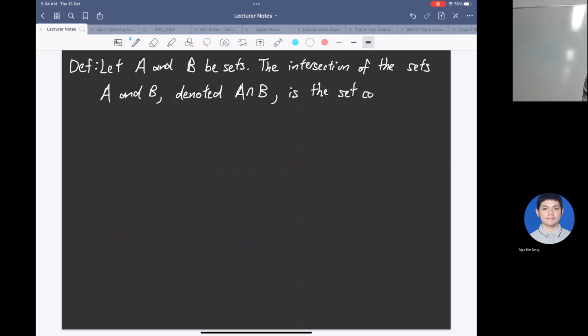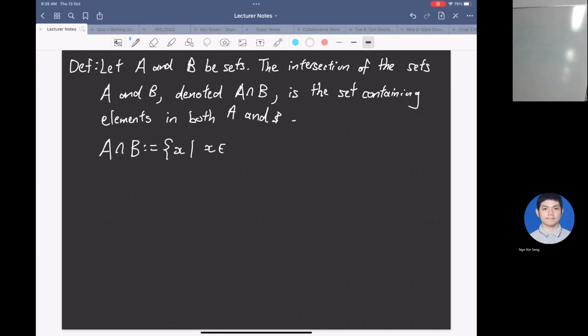So how do we pick the elements? The elements are in both A and B. A cap B is defined as the elements such that it is in A and it is in B.